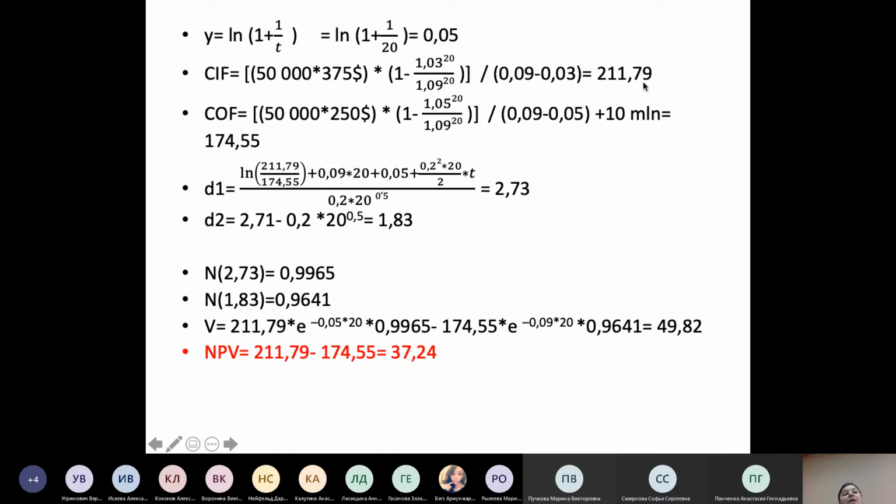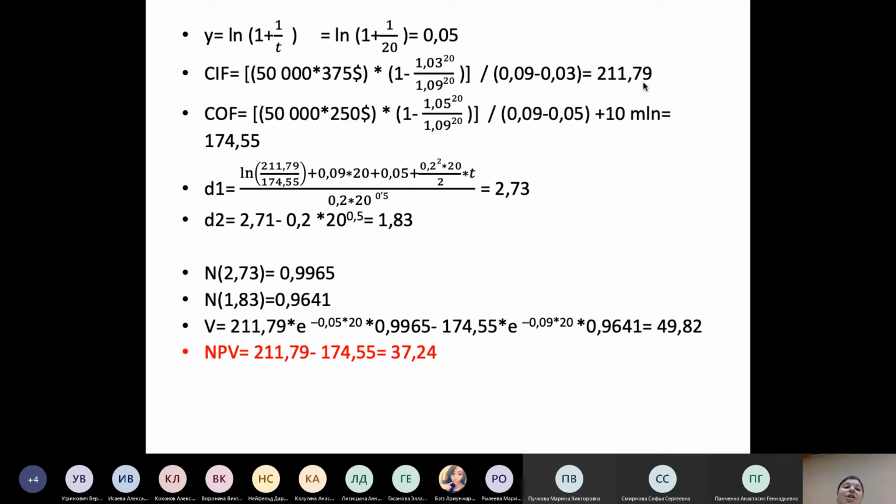And our cash inflows in this context will be 211,000.97. Certainly, all these values are presented in millions of rubles and $1 million. In $1 million, it will be thousands and thousands.